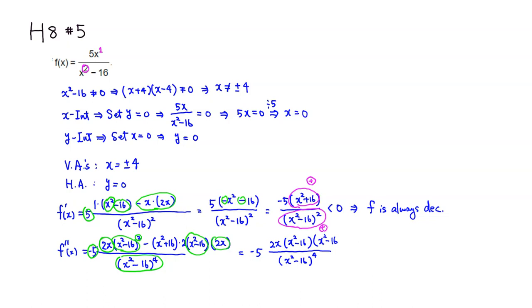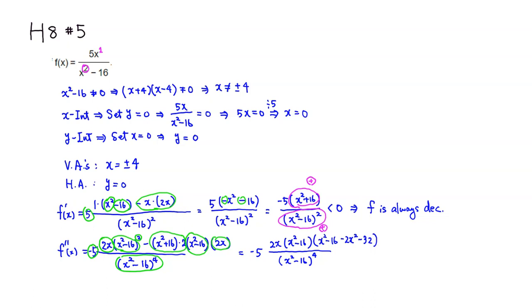Then we're going to have 2 times that, so it's going to be minus 2x squared minus 32. All right, so we have that.